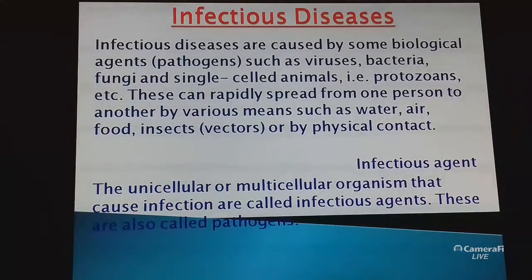Infectious diseases are those types of disease that can spread from an infected person to a healthy person, and these diseases are caused by some biological agent, that means pathogens such as virus, bacteria, fungi and single celled animals, that is protozoa.